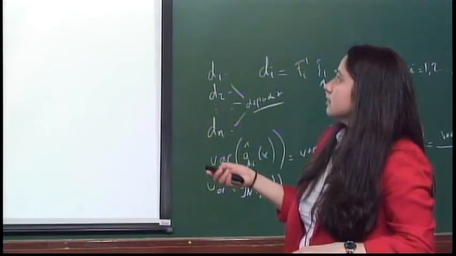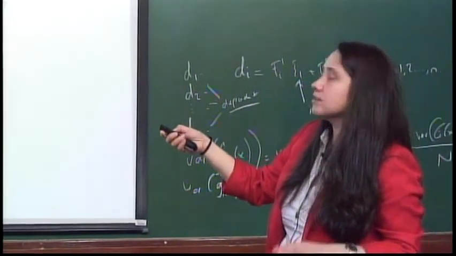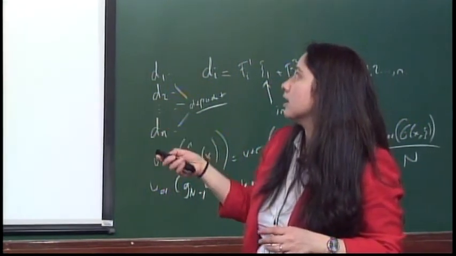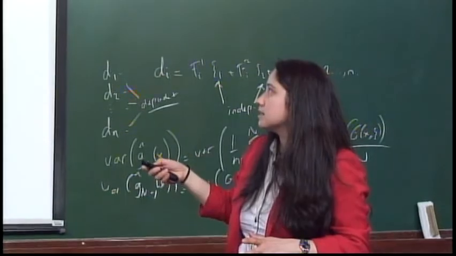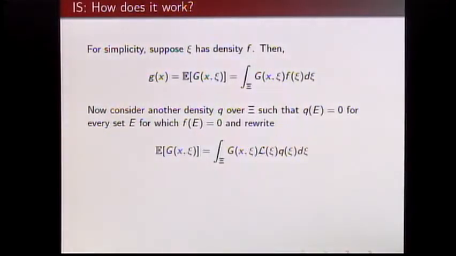Now, that density Q should be absolutely continuous with respect to F. One way of thinking about it is, if there's any set where F is 0, then Q should be 0 as well. And if you have 0 over 0, we're going to deal with that. So what we're going to do is write the same expectation with a little bit of difference.